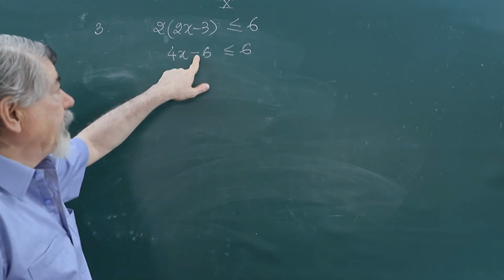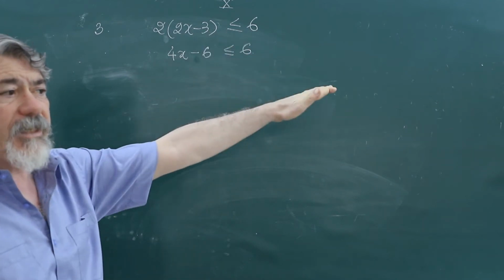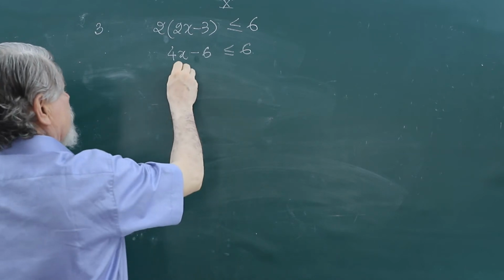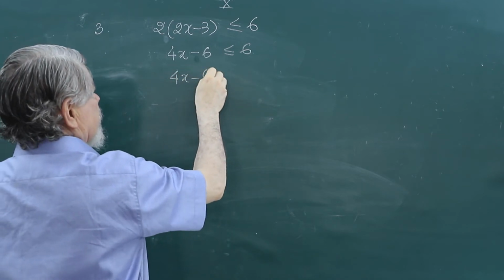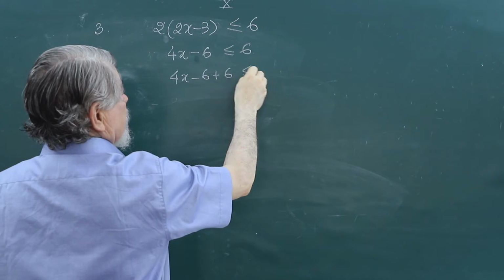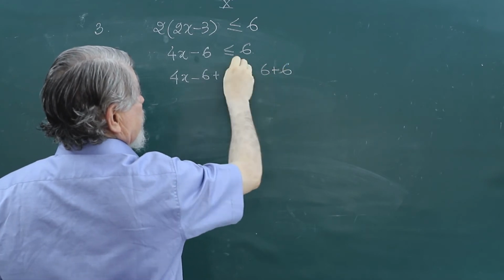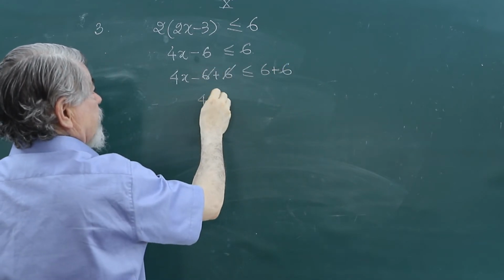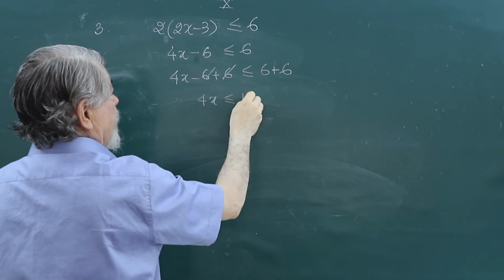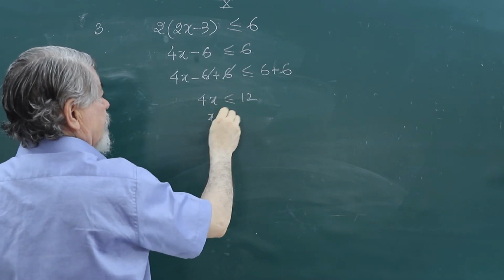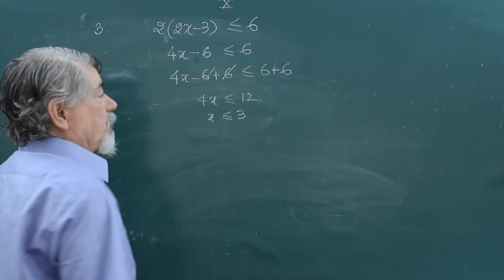Now we have to remove this minus 6, so let us add plus 6. 4x minus 6 plus 6, the minus 6 and plus 6 will cancel. 4x is less than or equal to 12. Divide by 4, then x is less than or equal to 3.